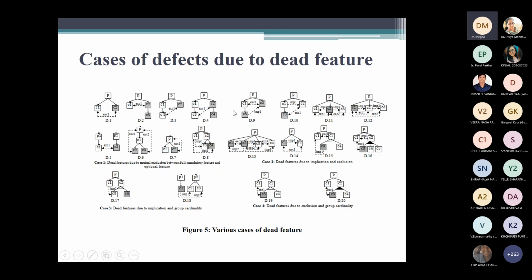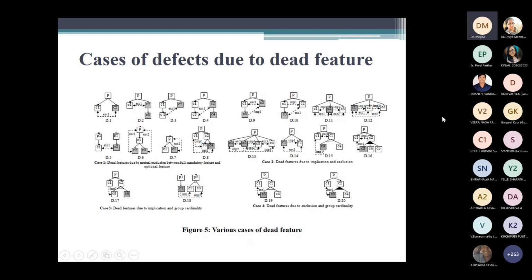This particular case, where we have this implication and exclusion, leads to dead features. So C2 and C3 will become the dead features here. Now, case 3 is dead features due to implication and group cardinality. Case 4 includes the dead features which are due to the exclusion and group cardinality.